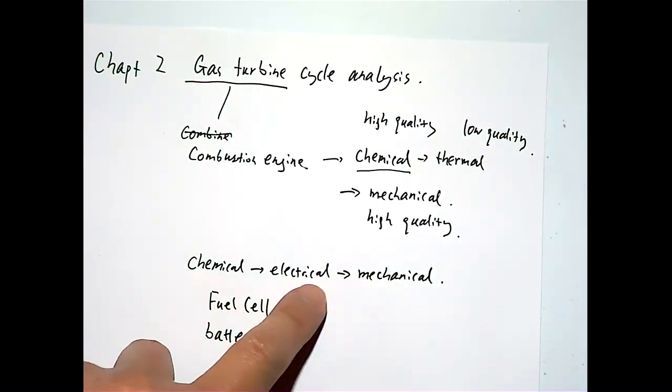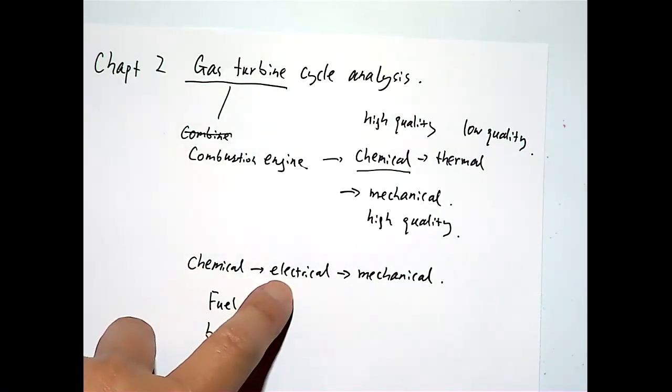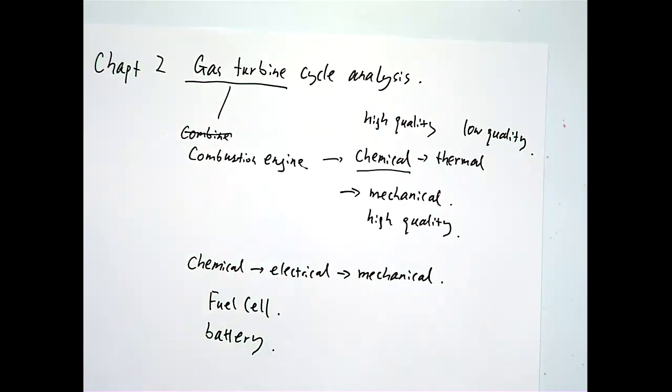A fuel cell achieves this process more directly. For example, a fuel cell car carries fuel and converts that fuel to electricity through an electrochemical process, and then the electricity can drive the electrical motor. And for the battery, you need external electricity to be converted to chemical first.